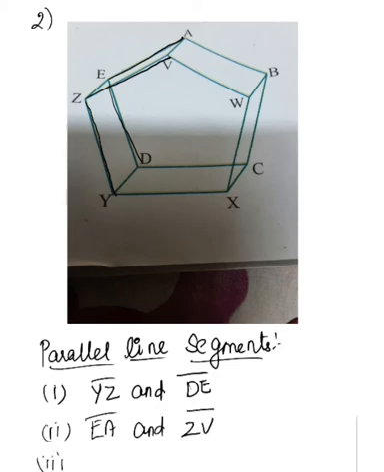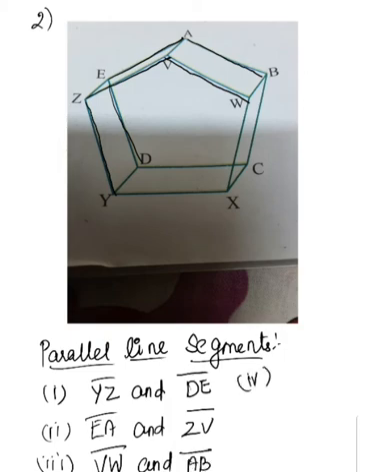Next, the third one is VW and AB. The fourth one is WX and BC.